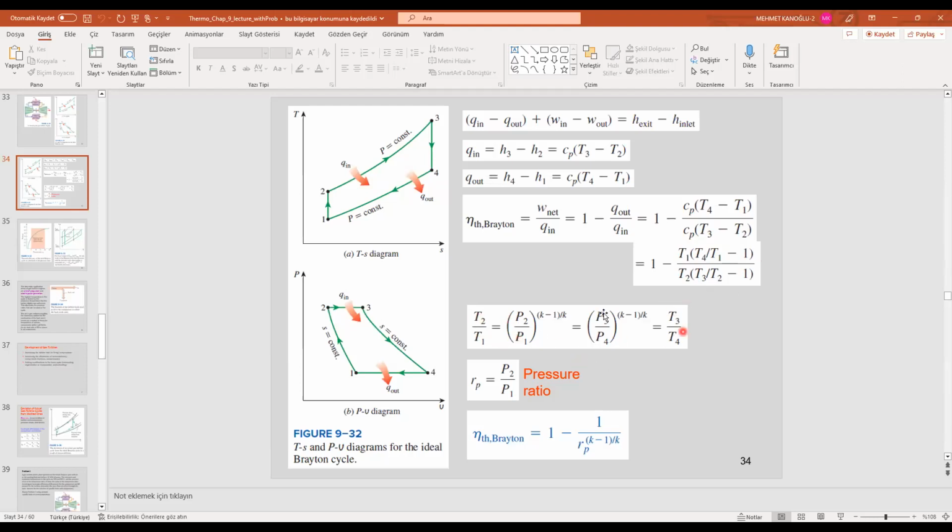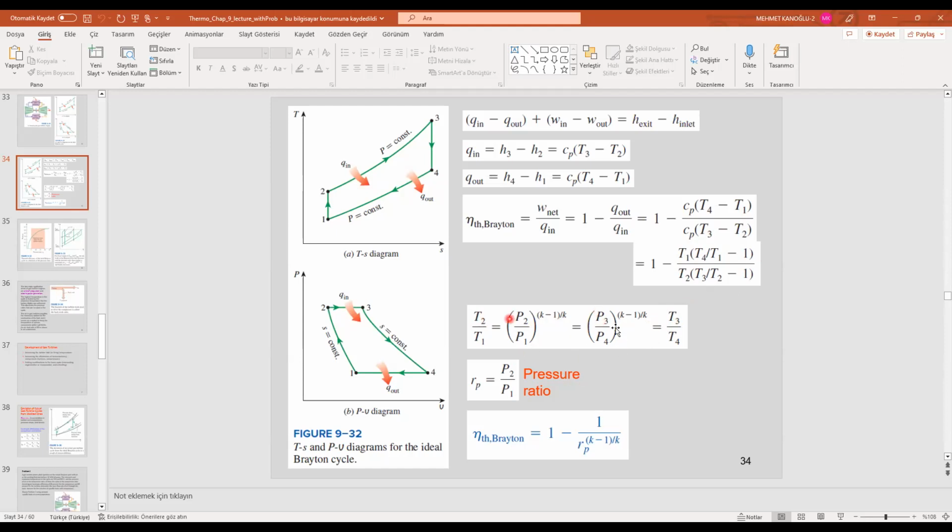And how about this relation? This relation is the isentropic relation between 1 and 2, the isentropic relation of an ideal gas under constant specific heats. So this is the relation between pressure and temperature between 1 and 2, and between 3 and 4.